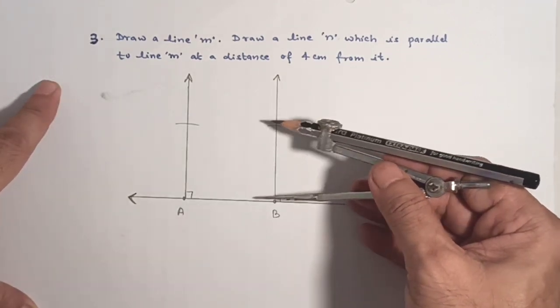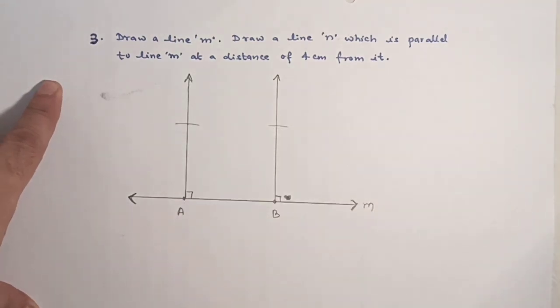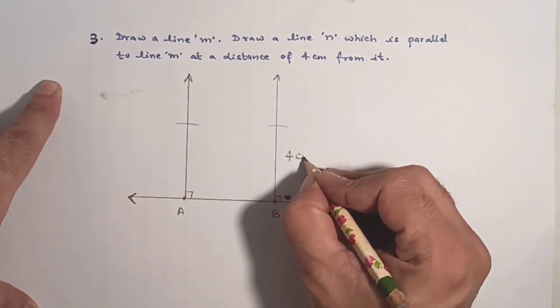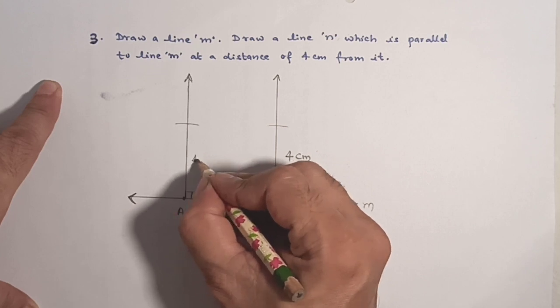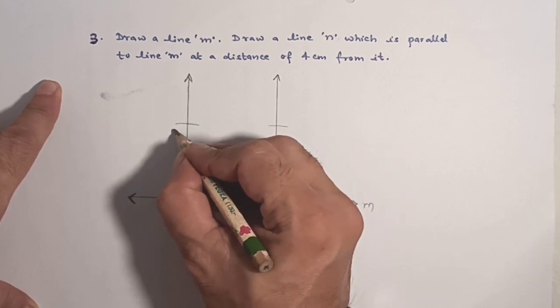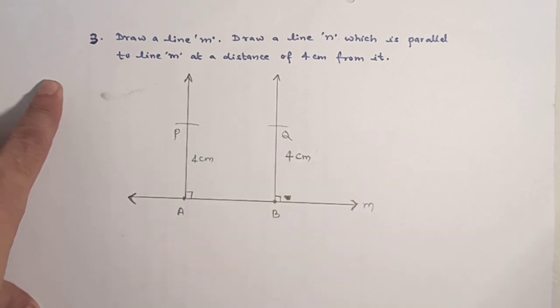This distance is 4 centimeter and this distance is also 4 centimeter. So right there, four centimeter and 4 centimeter. These 2 points you can name as point P and point Q.